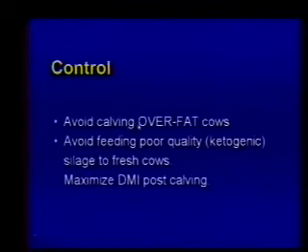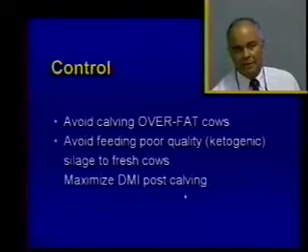How do we control or prevent this condition? We want to avoid over-conditioned or over-fat cows. Cows that are over-conditioned tend to eat less prepartum and postpartum, and consequently are more predisposed to ketosis. We want to avoid feeding poor quality silage that is high in beta-hydroxybutyrate that may be ketogenic. And we want to maximize dry matter intake post-calving.